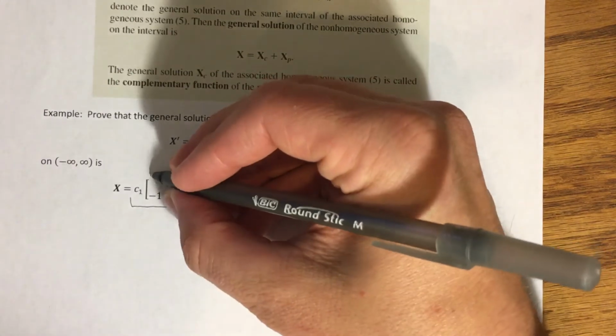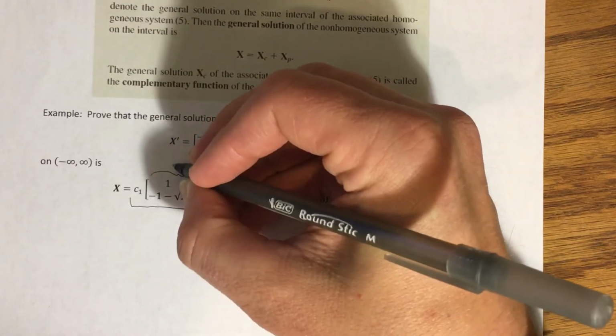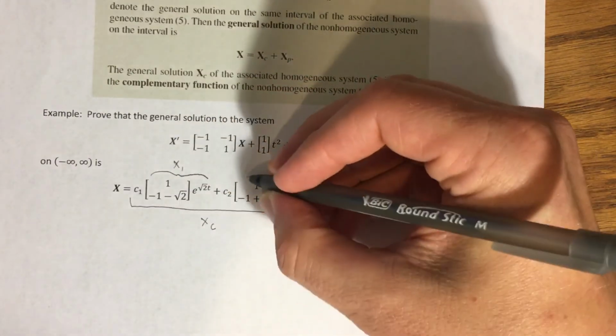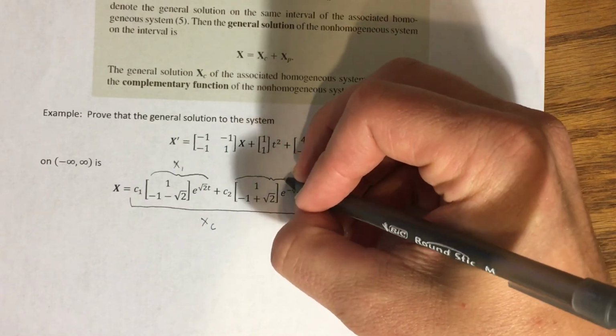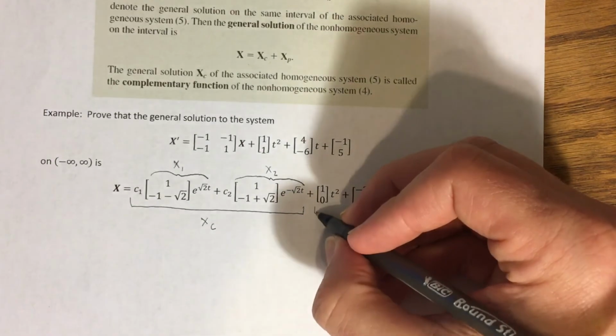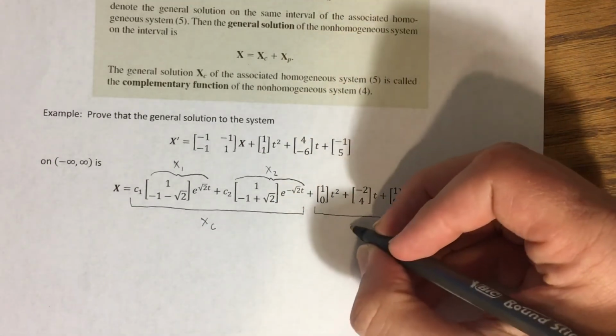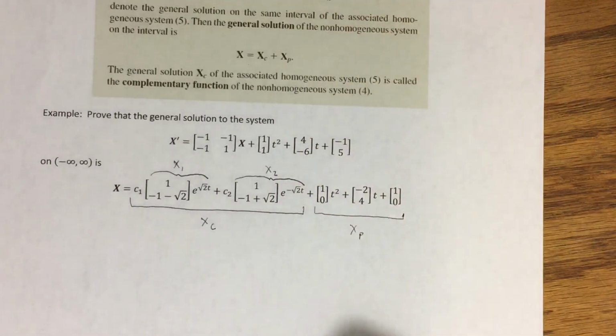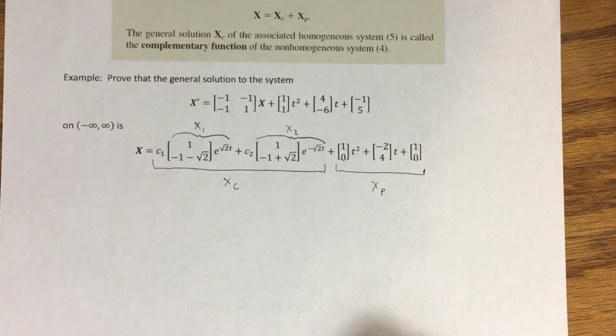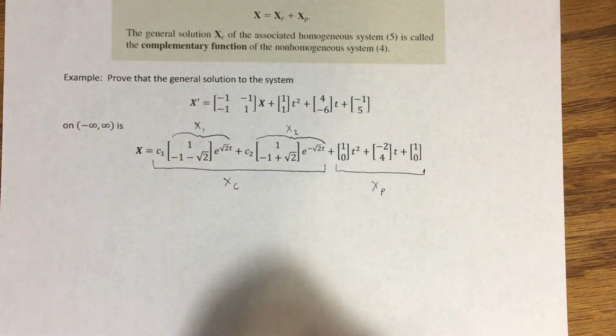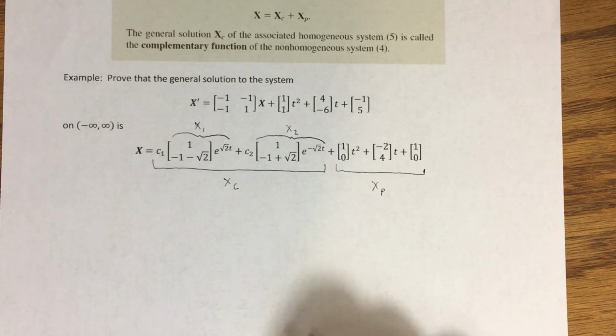And that would mean that this guy can be thought of as x1, and this guy can be thought of as x2. In addition to that, this right here doesn't involve any of those parameters, any of those c's, and so this is taking the role of that particular solution, xp.